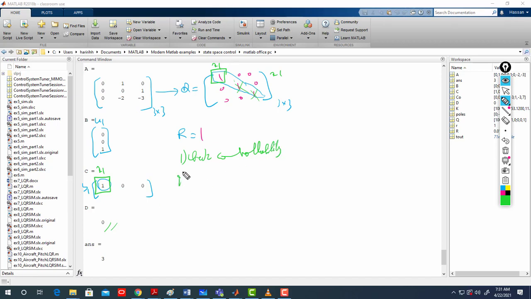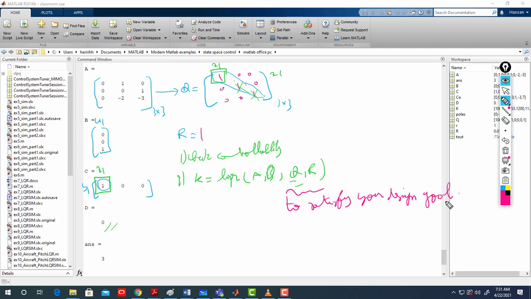Once it's controllable, then go and compute K using LQR: A, B, then Q, R. Start by maybe equal weights 1 and 1, and at the end you need to choose Q and R to satisfy your design goal, right? So basically that's the ultimate goal.